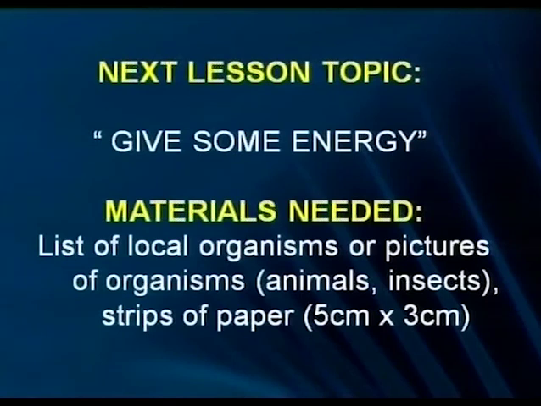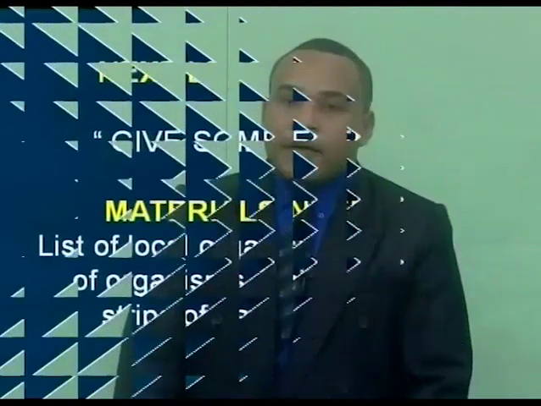A list of local organisms or pictures of organisms like animals and insects, and strips of paper, 5 centimeters by 3 centimeters. Okay, these are the materials that would be needed for our next lesson. With that, thank you 6E and receiving students for your participation.